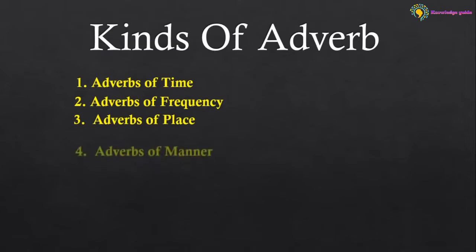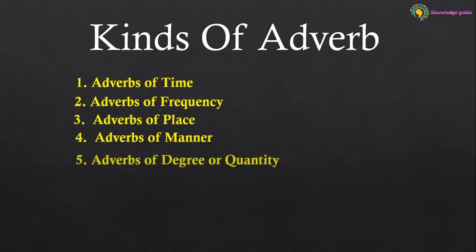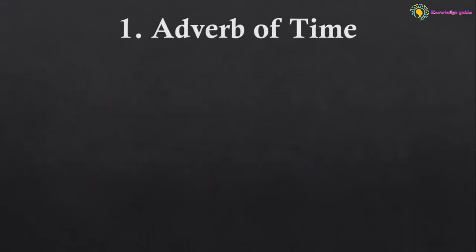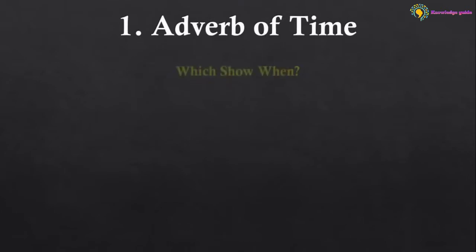Adverbs of manner show the manner. Then we have adverbs of degree or quantity, and adverbs of affirmation and negation. The last one is adverbs of reason, which show the cause. Let us discuss them briefly.